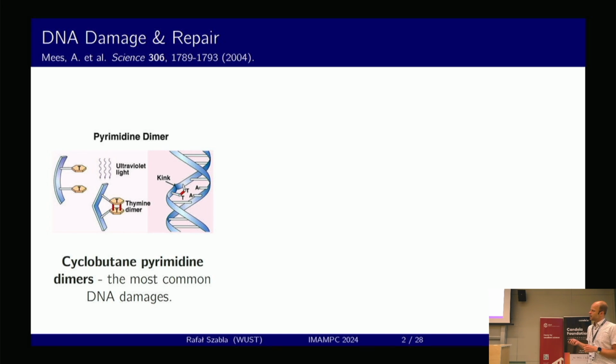When you think about DNA strands and RNA strands, they are prone to the formation of photodamages with UV, and the most frequent photodamages are the so-called cyclobutane pyrimidine dimers. TT dimers are formed by the absorption of UV light by adjacent thymines.